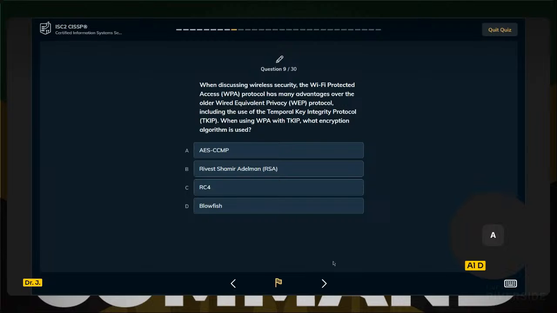When using WPA with TKIP, what encryption algorithm is used? I want to say RSA.